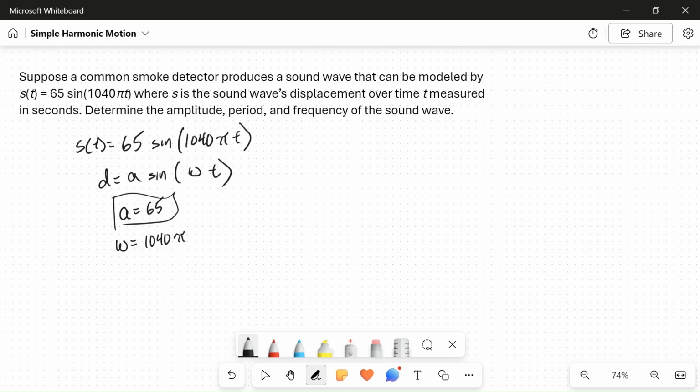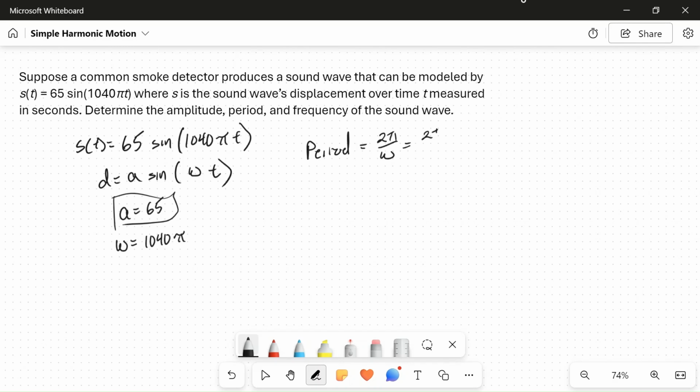So the sound wave, as the wave travels through time, has a displacement of 65 instead of just being at a 1. Okay. What is the period? So again, the period is 2 pi over omega.